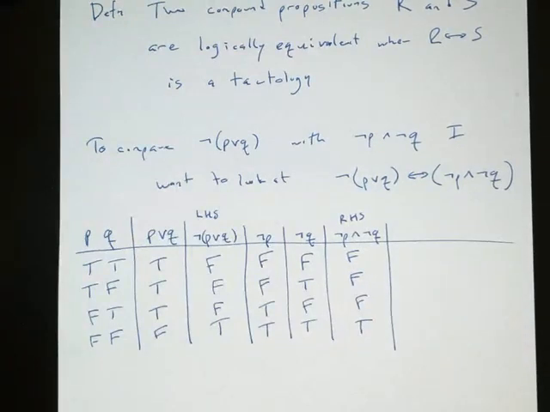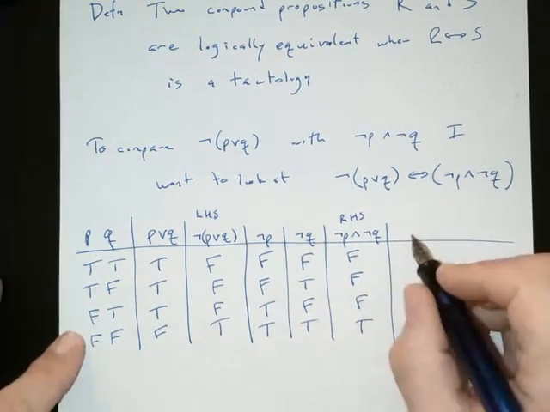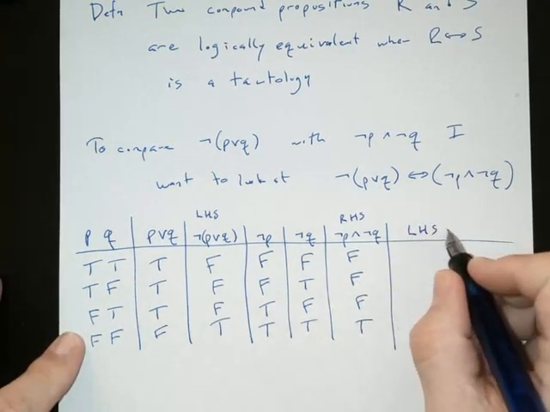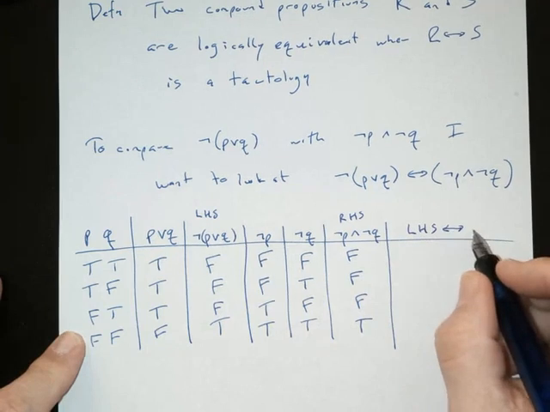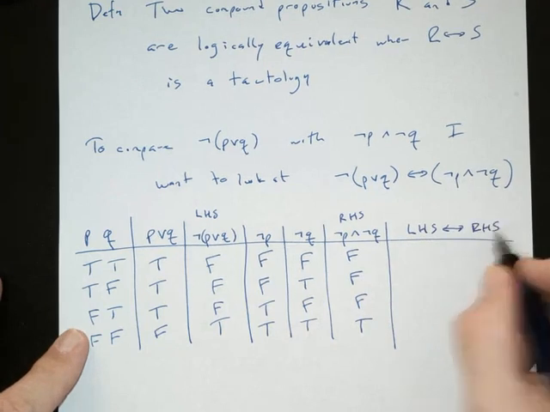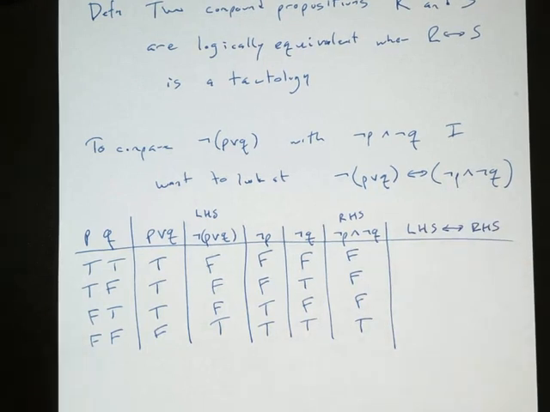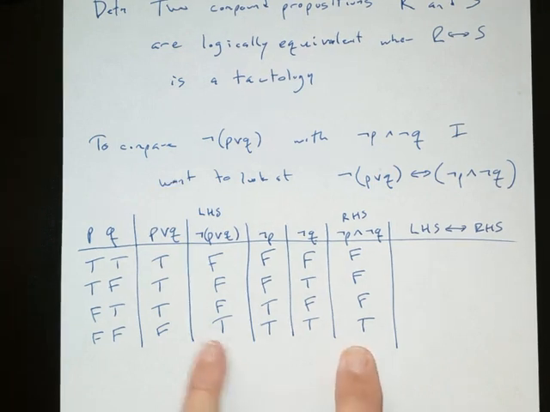So now I need to do the very last part of this, which is to compare left-hand side if and only if right-hand side. And rather than write out all the symbols all over again, I'm just going to write LHS and RHS. But now I'm just comparing these two columns with my if and only if statement.